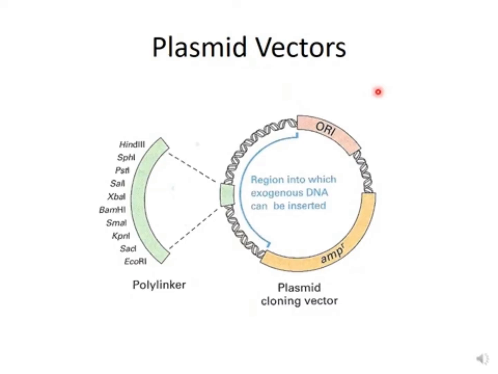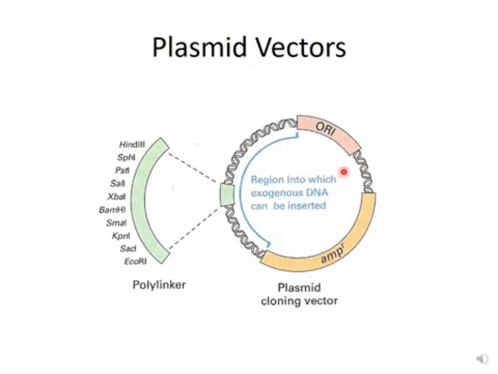However, we cannot guarantee that all the bacteria present in the vial has taken up the plasmid vector. In order to do so, we need the presence of this gene. In this example here, the gene has ampicillin resistance. So it provides the bacteria that takes up this vector with resistance to the antibiotic ampicillin.